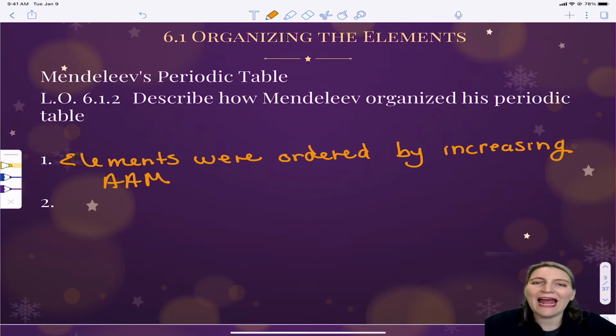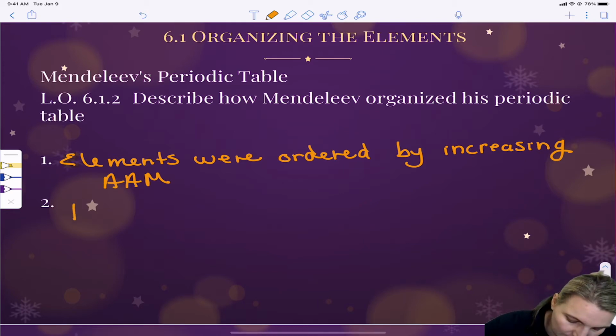And then after he did that, he started to look at their properties, and did notice that there were some properties that did repeat.